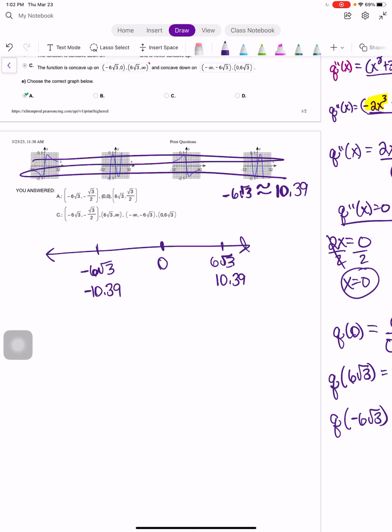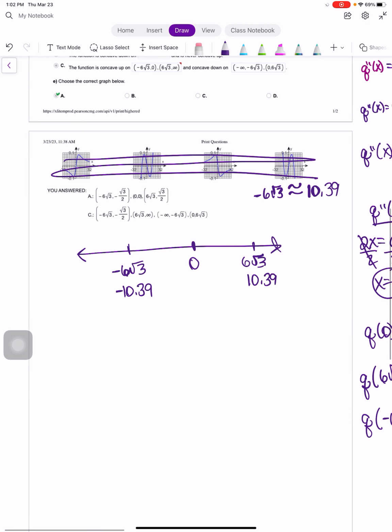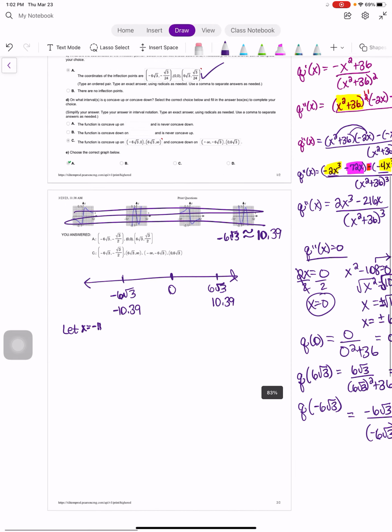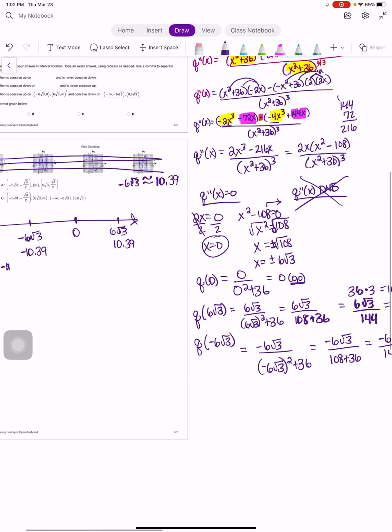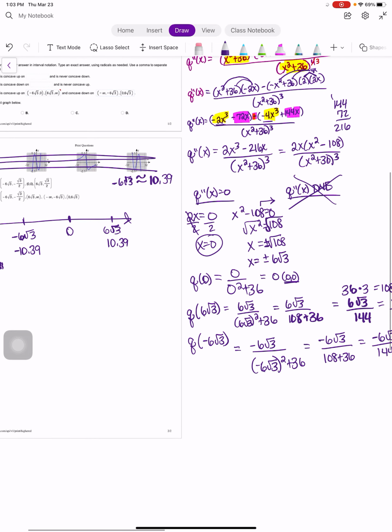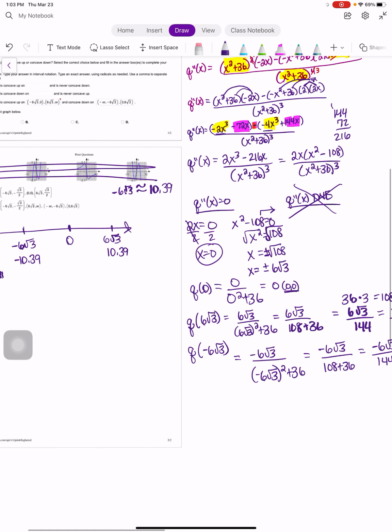So what I could do now is pick a number that is less than negative 10.39, such as negative 11. I could let x equal negative 11, and I can substitute that value into that second derivative. And what was that second derivative? It's probably right in front of my face and I don't see it.